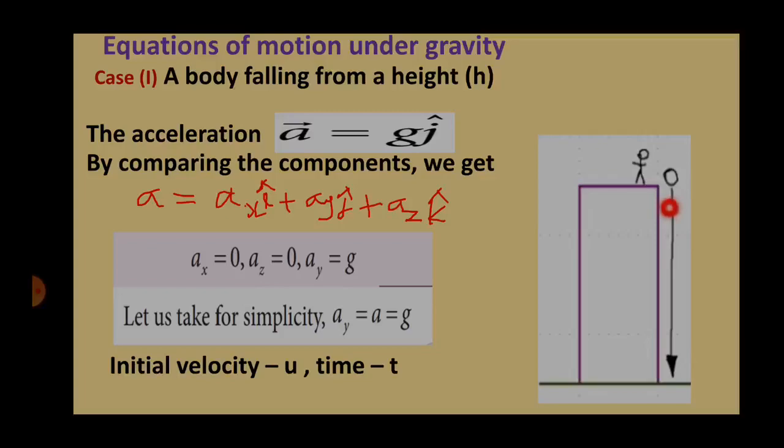This ball will be dropped down and move toward the ground, that is, toward the surface of the earth. As it is falling freely from top to bottom, it will be accelerated due to the gravitational force of the earth, which is the acceleration due to gravity g.